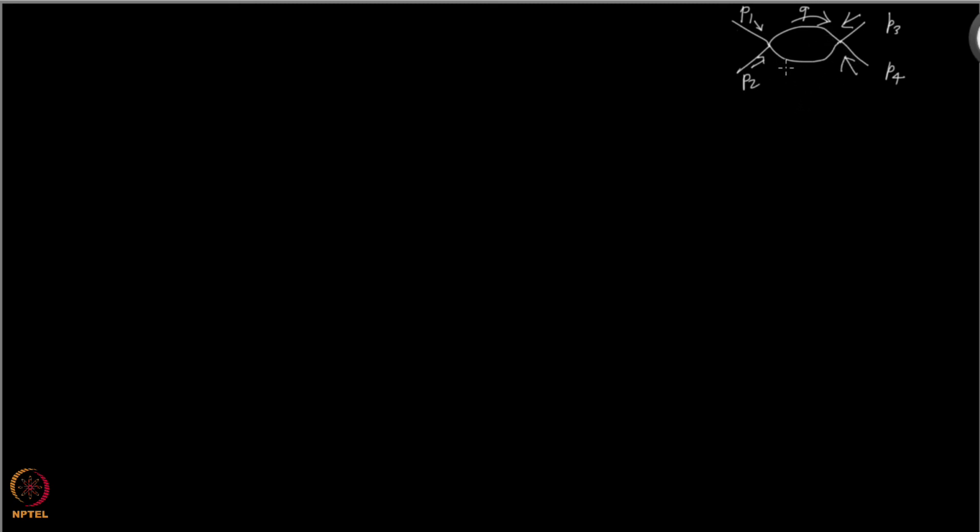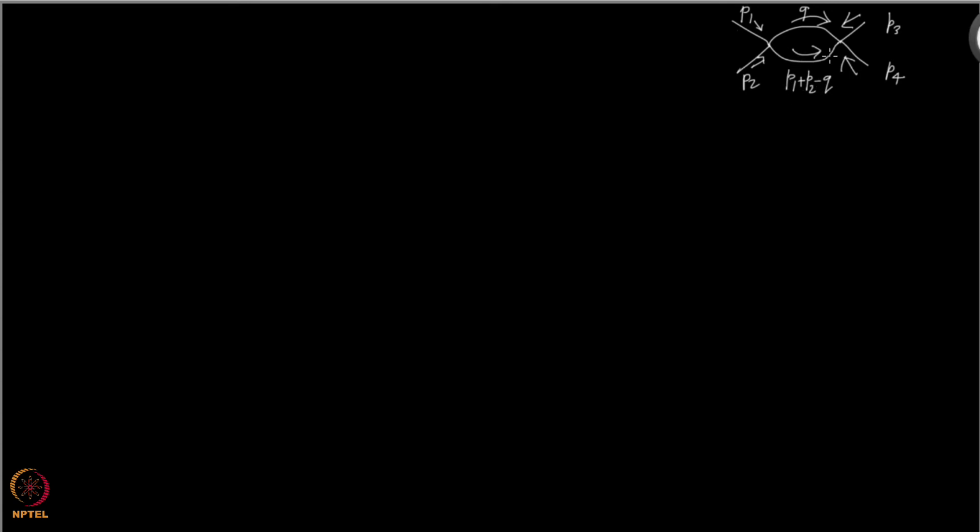Okay, and remember what happened to this one, because you have momentum conservation, everything else is fixed. So this one has momentum. What momentum is running here? It is p1 plus p2 entering into the vertex, but q leaves out, so whatever is left is here. So you have p1 plus p2 coming in minus q leaving out.